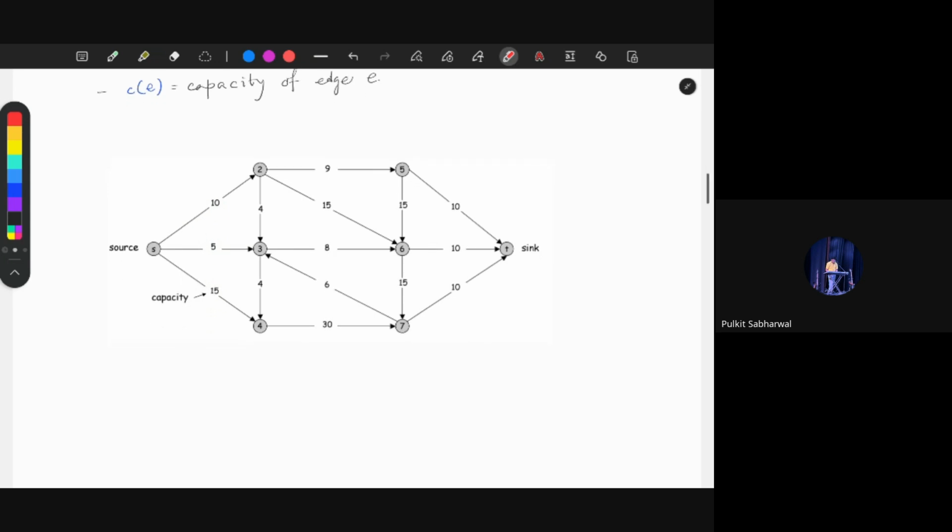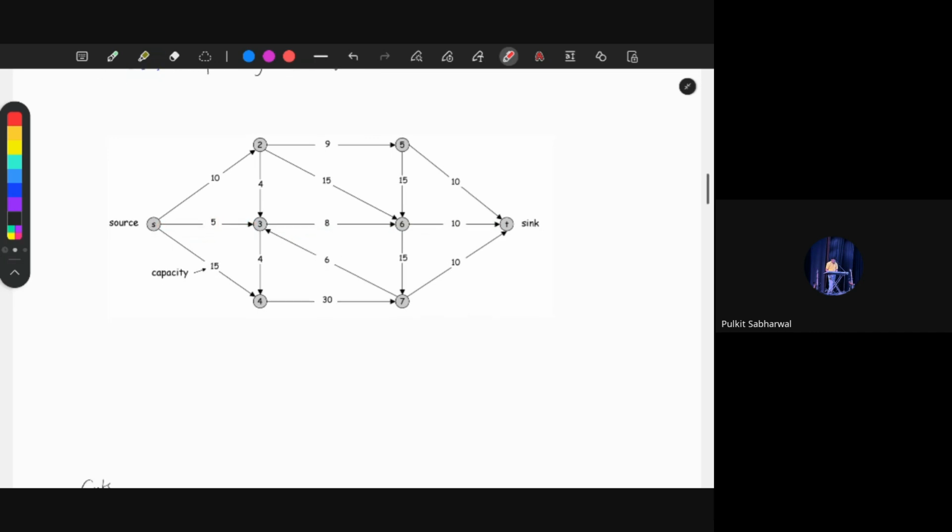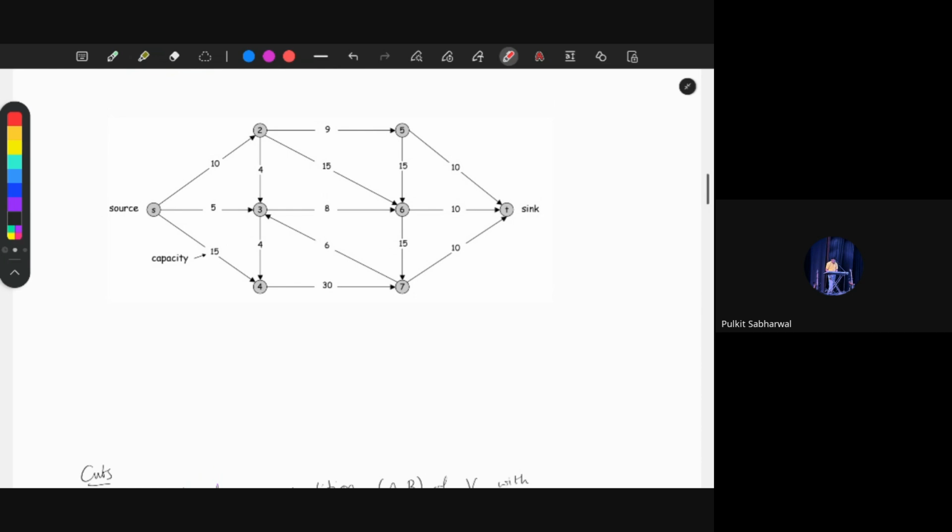Or maybe you can think of transporting your raw materials from some place, say a coal mine, to your factory, where you have a road network like this. These edges denote the roads, and this weight may denote how much you can take from one place to another. So these are just examples.